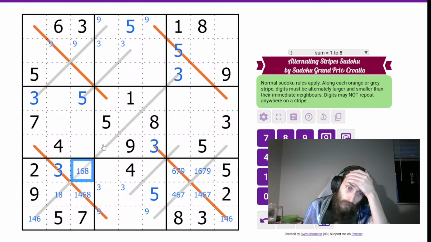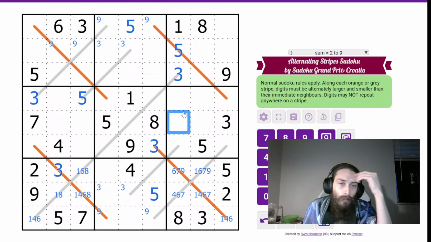If this was a 6, this would have to be a 7. Smaller than a 7 could be a 2. Larger than a 2, and then smaller than whatever that is. That would be fine.